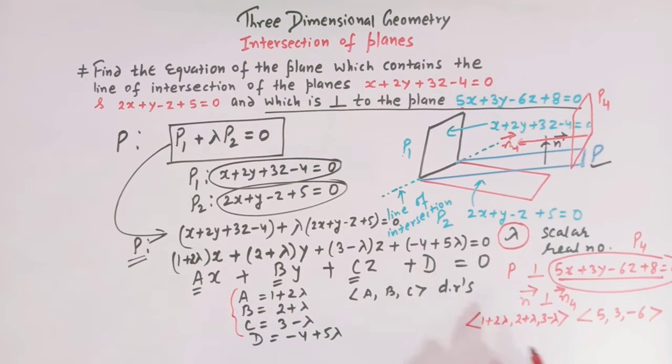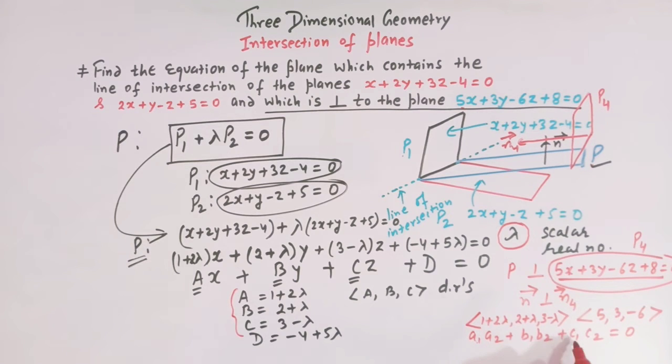So now from vector algebra we know that when two vectors are perpendicular, then the product of the direction ratios, and then we take the sum, is equal to 0, right? So here we have the condition, that is a1 a2 plus b1 b2 plus c1 c2 is equal to 0, right?